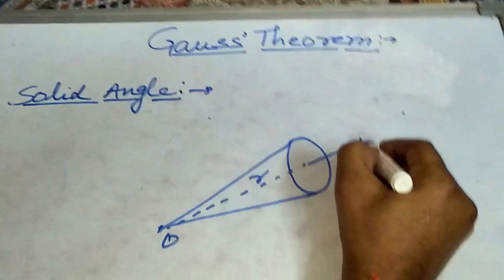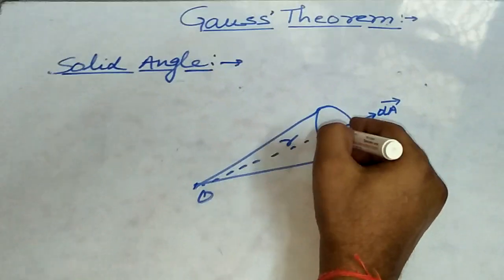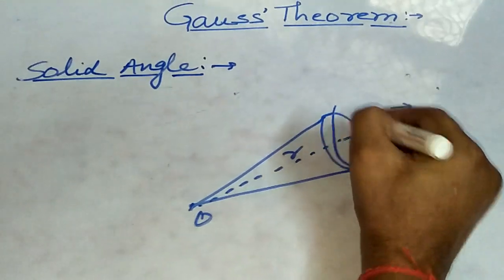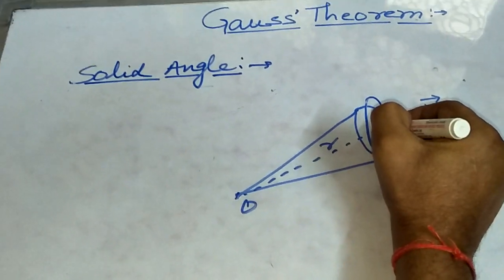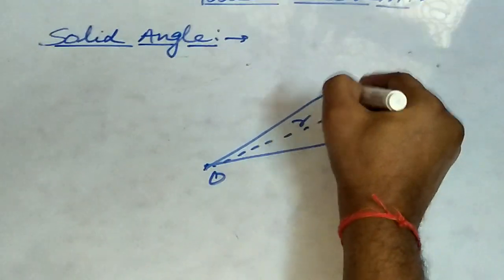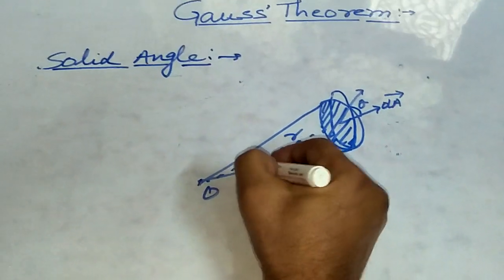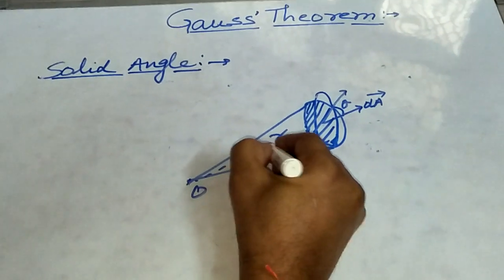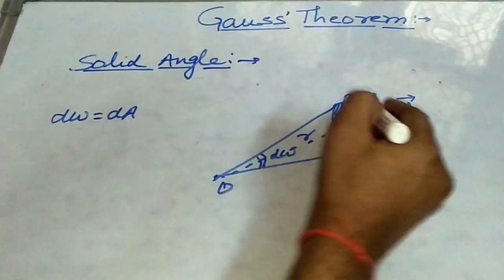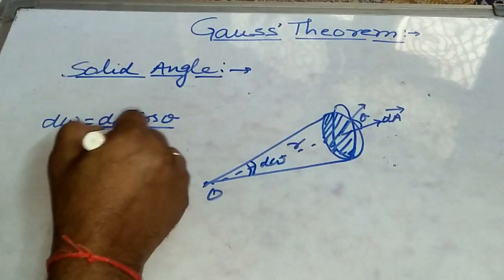Now when it rotates through an angle theta, suppose this angle is theta, then for finding the solid angle d omega subtended by this area element, you can write d omega is equal to dA, and the component of this along this direction is dA cos theta, upon r square.